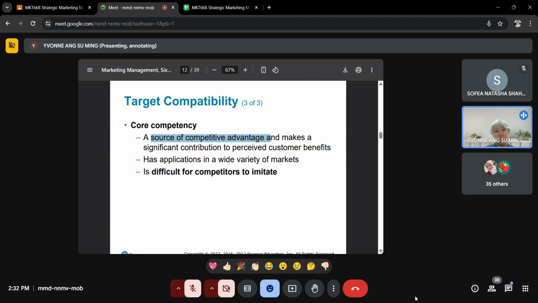So when you think about core competency, I want you to think about a company like Apple versus a company like Samsung. Both are very successful. Both have their mobile phone models, but the things that they offer through their mobile phones and how you know them as the consumer is different.